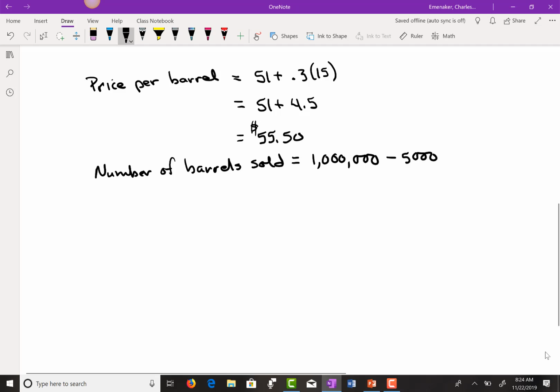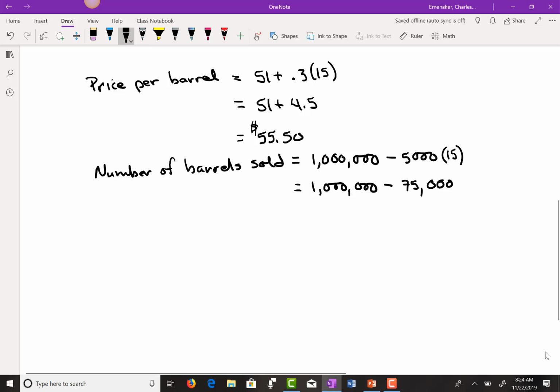Now remember, x has what value? 15. Does that look familiar to folks? So this is going to work out to be 1,000,000 barrels minus, well, it's going to have 3 zeros. And what's 5 times 15? 75.